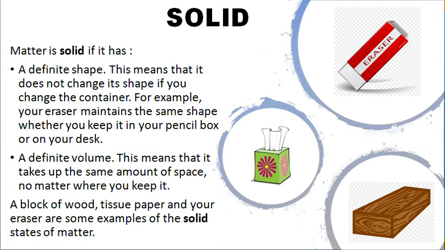It has a definite volume. This means that it takes up the same amount of space, no matter where you keep it. A block of wood, tissue paper, and your eraser are some examples of the solid states of matter.